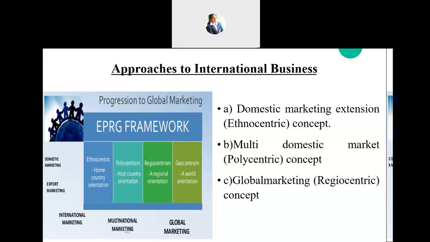Now, one more nature of such kind of business unit is that they never treat the SBUs operating in different markets as totally independent entities. Now, SBU is nothing but a strategic business unit.